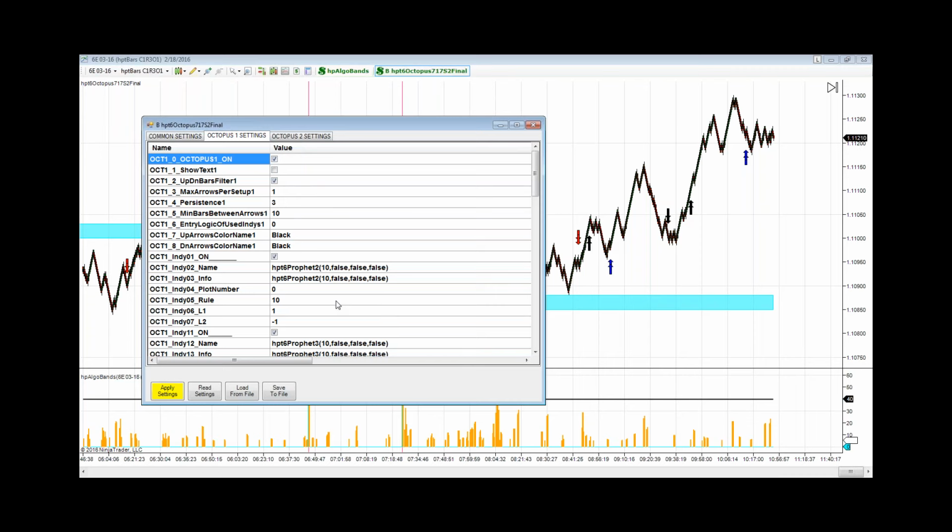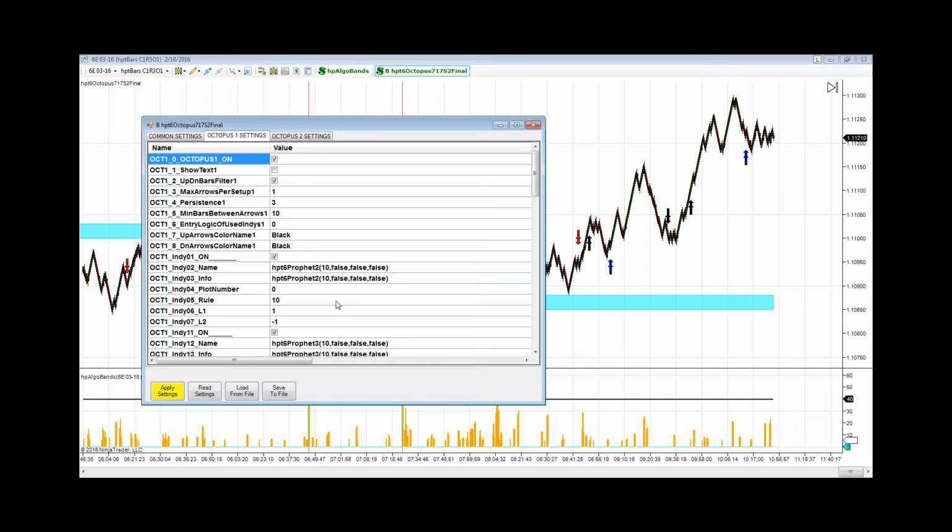The normal Profit is just that. It's normal, it's not discriminating. And then the Profit 3 indicator, the new one that came out last week or the week before, is in between both of those. It's less sensitive than the Profit, but more sensitive than the Profit 2.